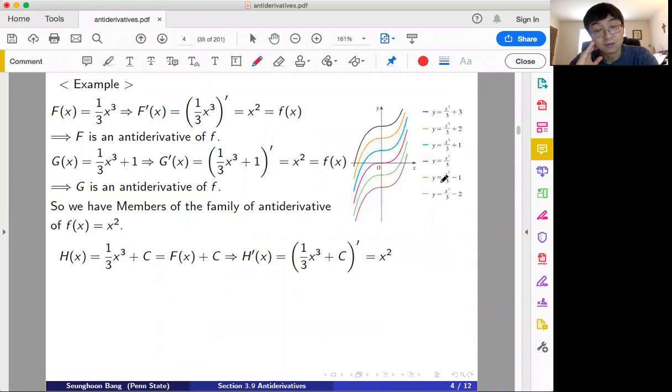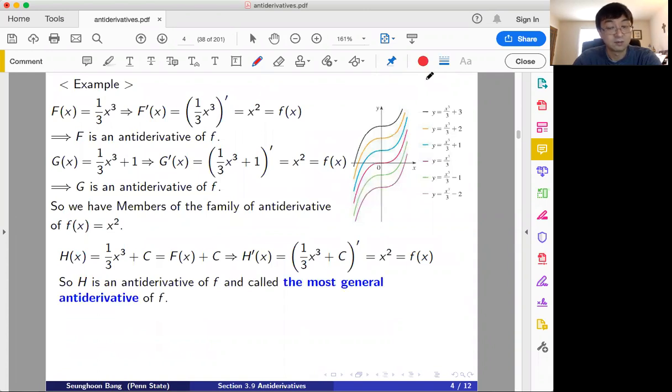So we have x squared, which is little f of x. So we call capital H an antiderivative of f. This is the exact definition. Here, we call this the most general antiderivative.